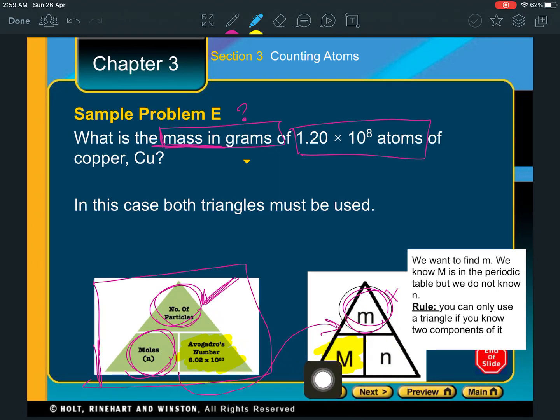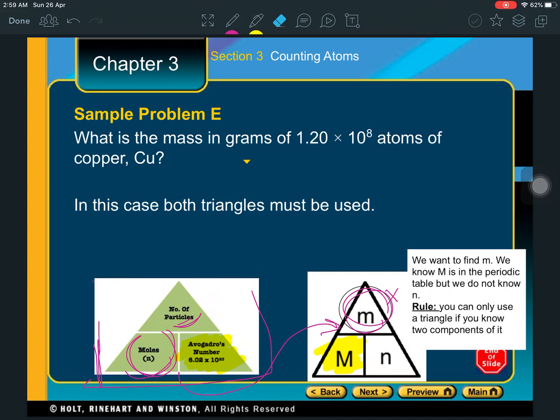And the molar mass is always going to be something that you can find directly from the periodic table. This number is also not going to change. So you always have a given in each triangle. But, again, if you can't complete the whole triangle, you use what you have to find your moles and use the number of moles in your new triangle to find your unknown. So let's just try one example right here.